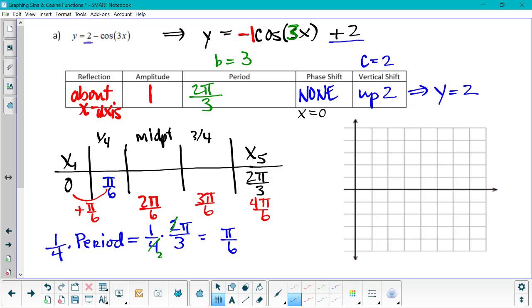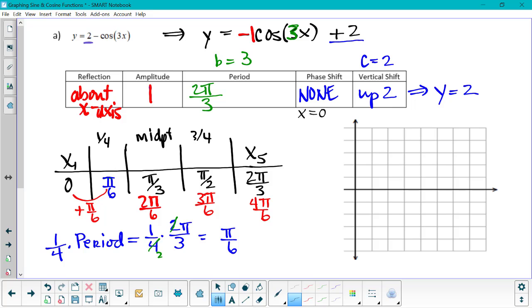And when I reduce those fractions down, I have the x values of my 5 points. So 2 pi over 6 reduces to pi over 3, which is halfway between 0 and 2 pi over 3: half of 2/3 is 1/3. And then 3 pi over 6 reduces to pi over 2. And I like to double check here, does 4 pi over 6 reduce to 2 pi over 3?